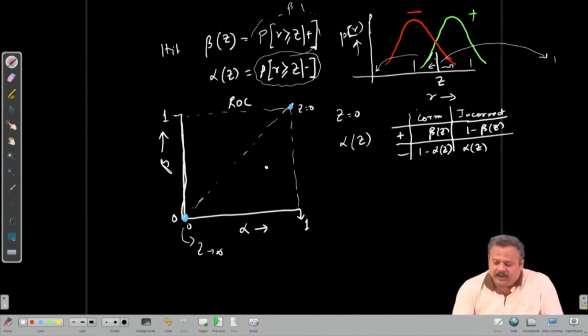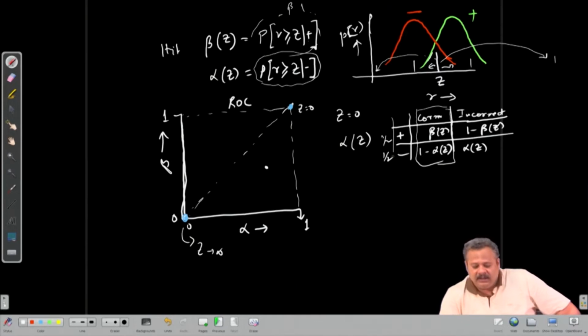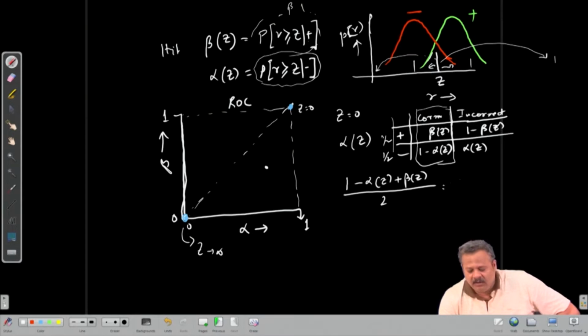Probability of correct means we simply have the average of these, because if we assume that plus and minus are occurring an equal number of times, then the probability of correct is 1 minus alpha z plus beta z divided by 2.